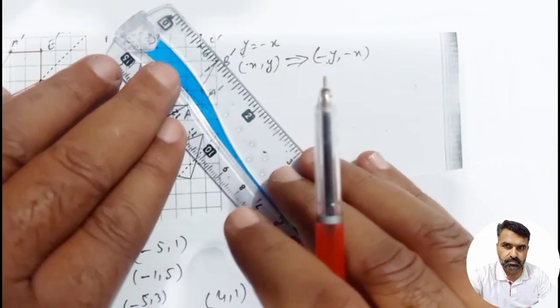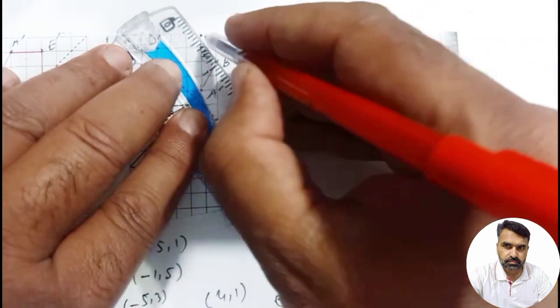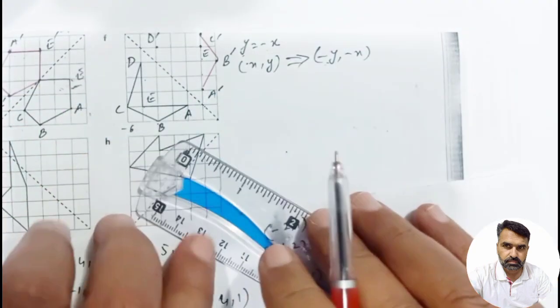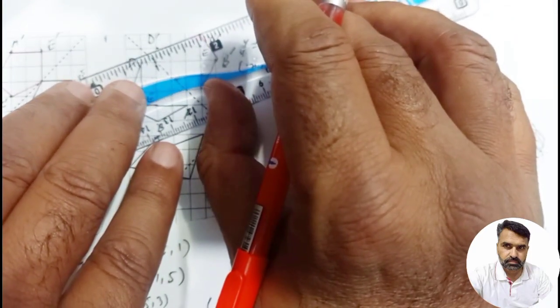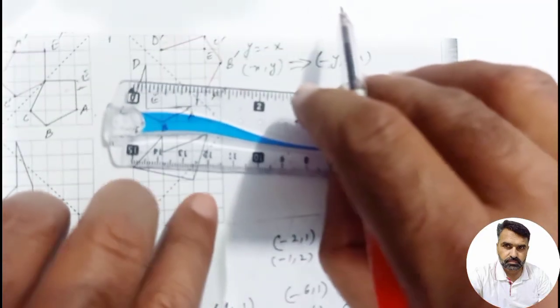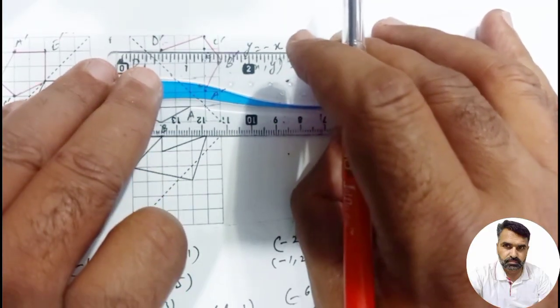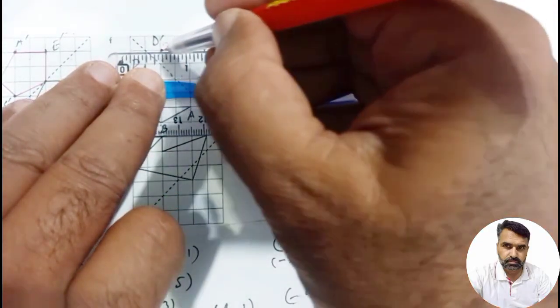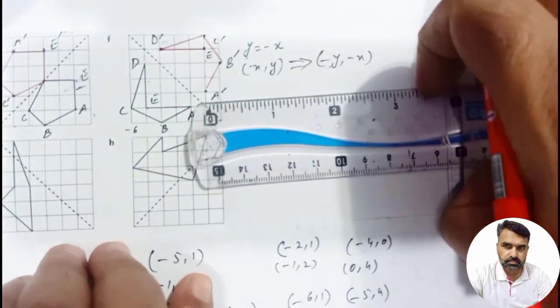A prime B prime will be joined, then B prime C prime will be joined, then students C prime D prime, then D prime E prime, and then E prime A prime.